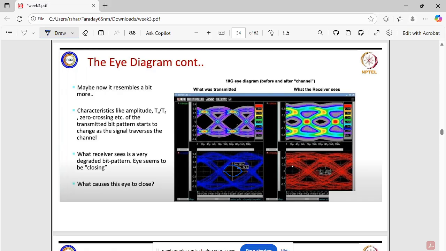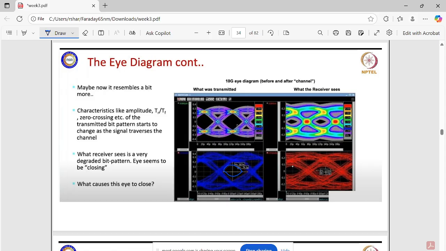That means my receiver can distinguish between the 0 and 1. Because the voltage levels are distinct, if I have a comparator, we can say it is a 0 level or a 1 level by comparing the level crossing.